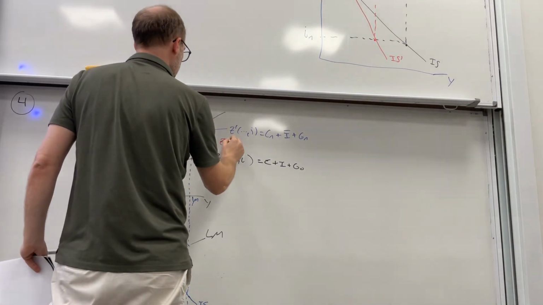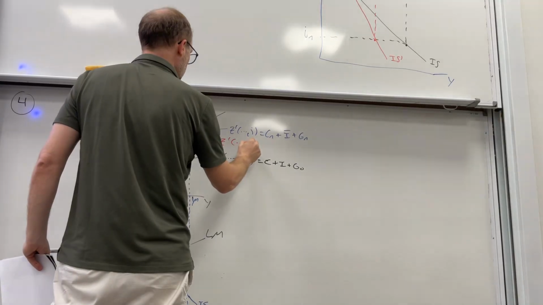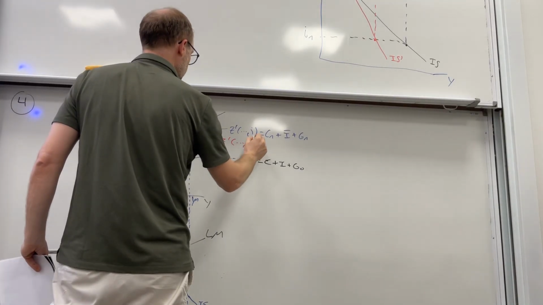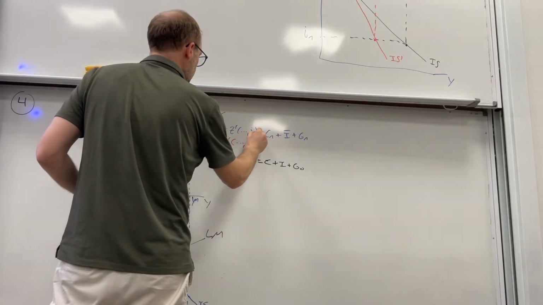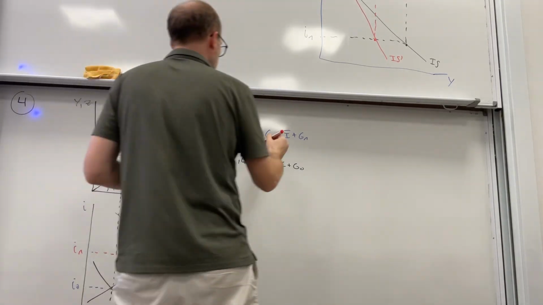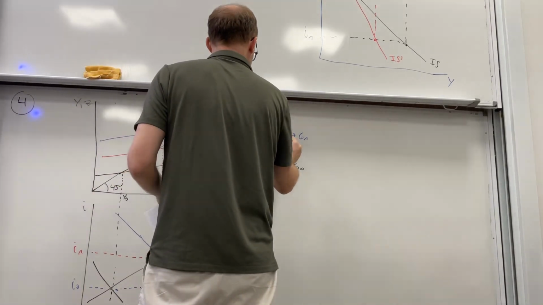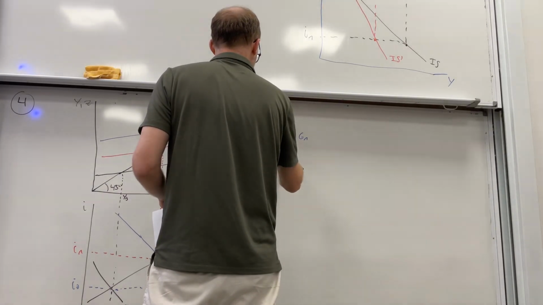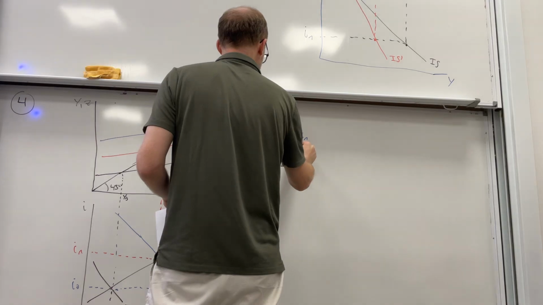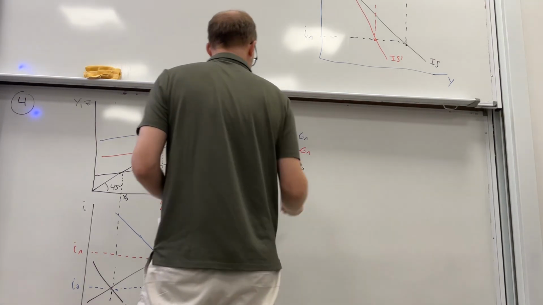This is Z prime, interest rate 1. C1 prime I1 plus G1.